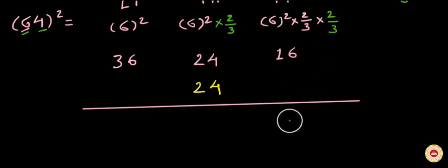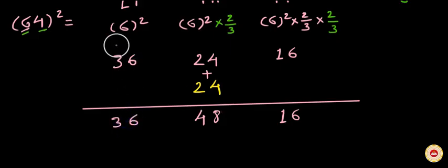Vertically, write the answer below this line. 16 plus, there's nothing here, so write 16 as it is. 24 plus 24, that is 48, and write 36 as it is. So the left part is 36, the middle part is 48 and the right part is 16.